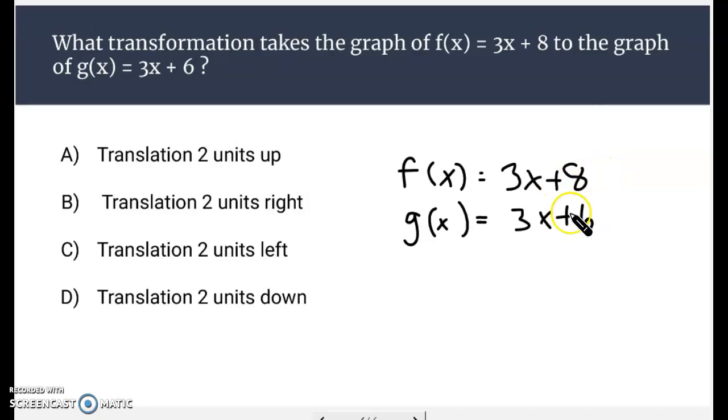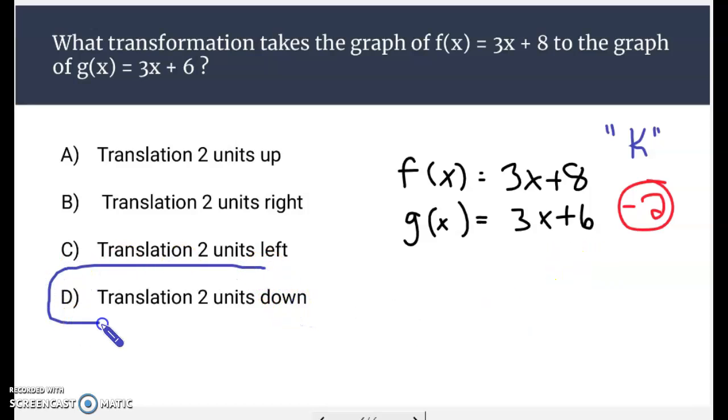So the only difference is the number we're adding at the end. If you look at going from 8 to 6, we did a -2. So we can think of that -2 as that k number we talked about earlier, shifting it up or down. Since it's a minus, we're shifting it 2 units down. D is the right answer here.